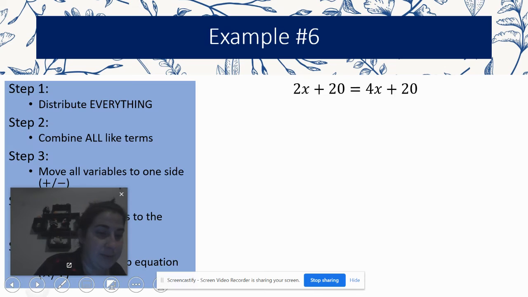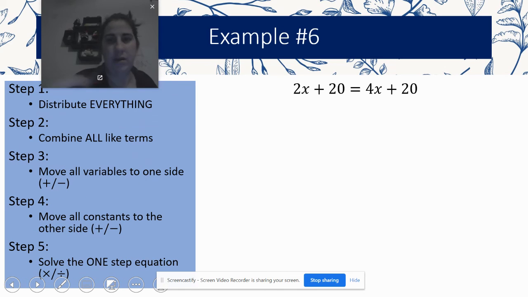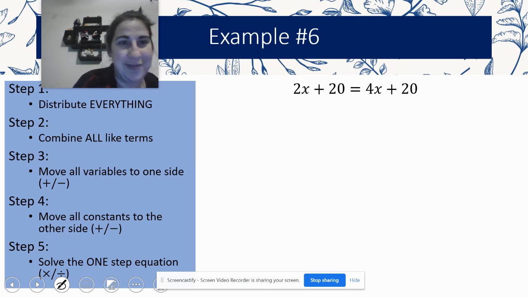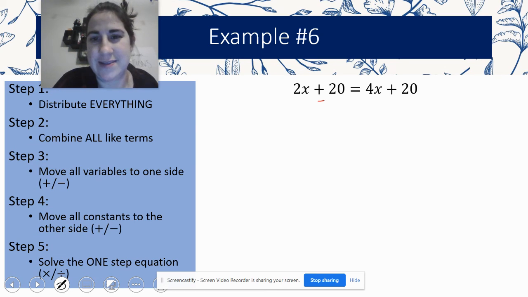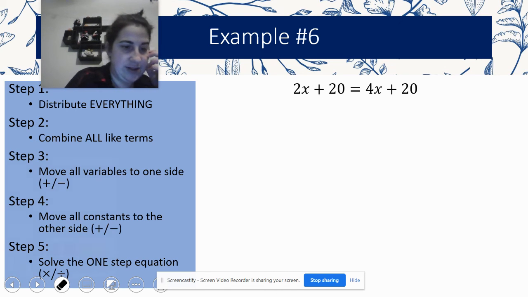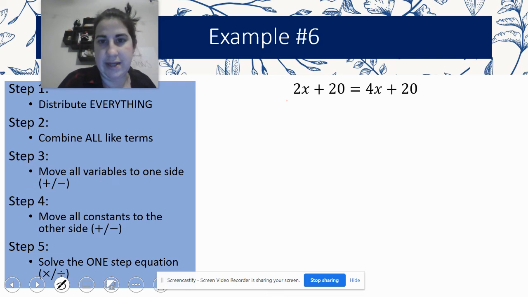All right, let's do another example. I'm going to subtract the 2x, getting rid of my variables first. So minus 2x.